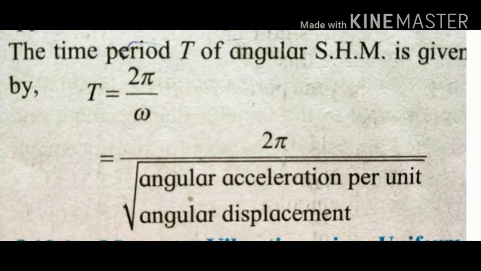Similarly, in angular SHM, the formula for omega becomes equal to square root of angular acceleration per unit angular displacement.